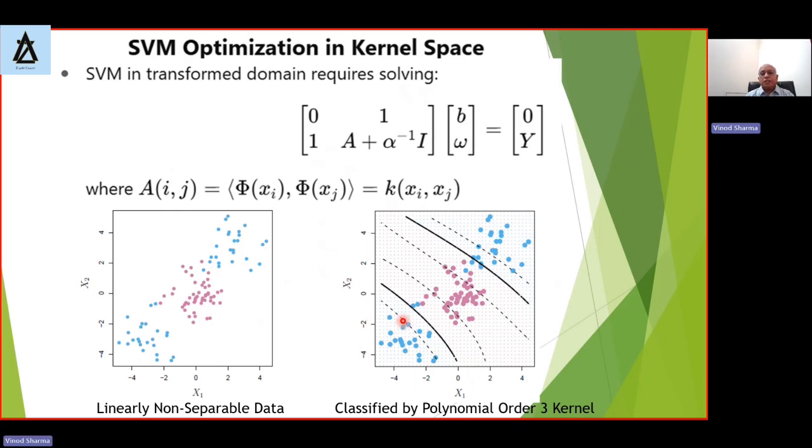We use a polynomial kernel of order 3, where D is 3. And in the transform domain, X1 and X2, this data comes out like this.